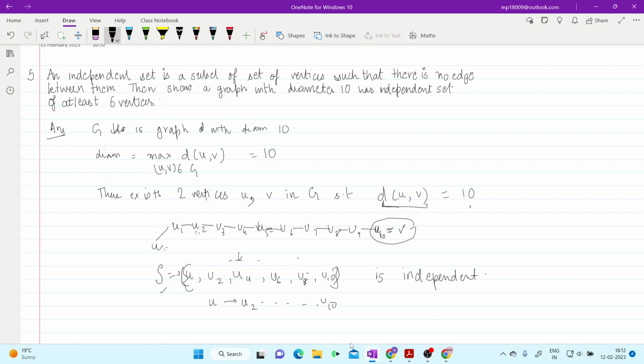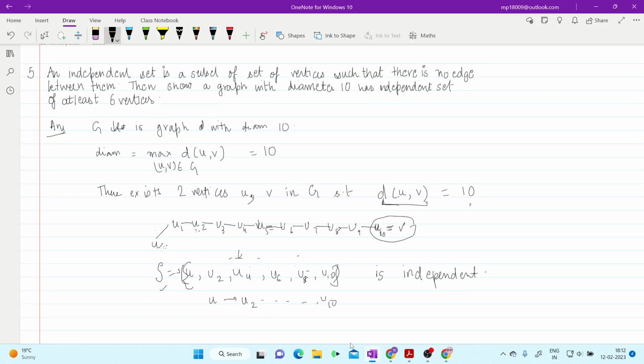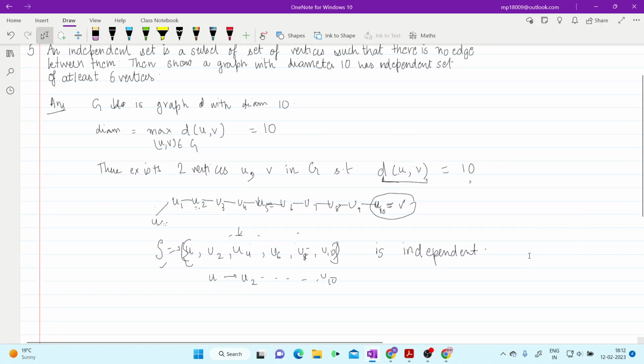Is there any generalized formula to find, if the diameter is 9, then what is the at least number of vertices in that independent set? Is there any generalized formula for that? Oh, okay. I think we can generalize it.